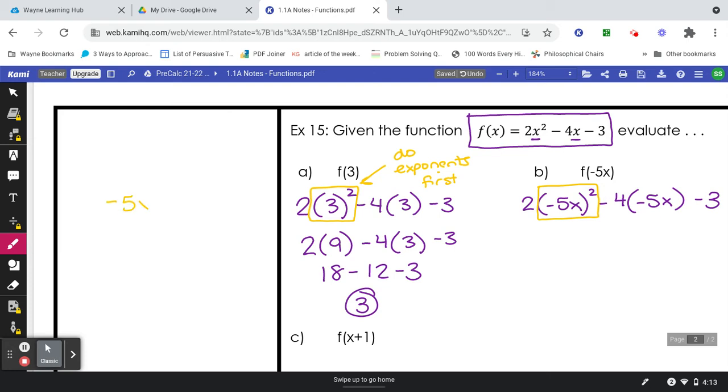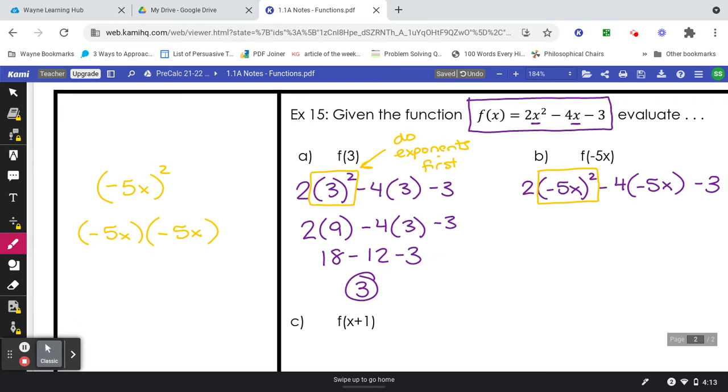So -5x squared, it's the same as writing it twice and then multiplying. Sometimes that helps make things a little bit more clear with the exponents, especially if you have negatives, numbers, and the x's. So I multiply a negative times a negative to get a positive, 5 times 5 to get 25, and x times x to get x squared.